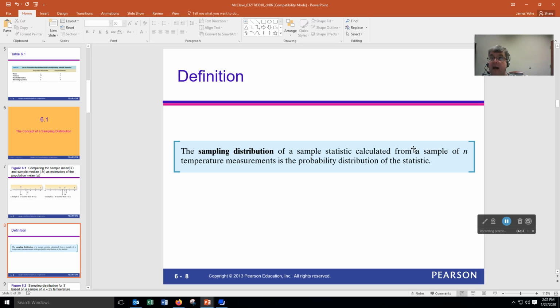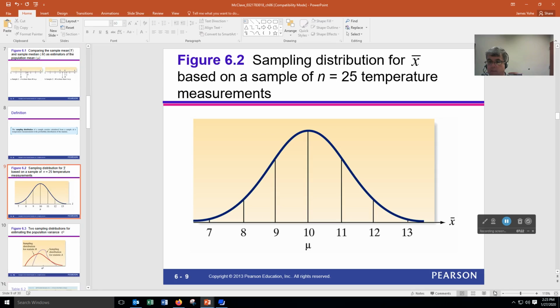Say we get 4.5. Is 4.5 too far away from 3 for us to reasonably assume or expect that that population parameter could be 3, or is it close enough? And that depends on the variance of the sample and the population. Okay, and that's what we're trying to do here.